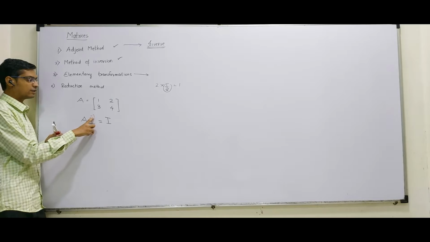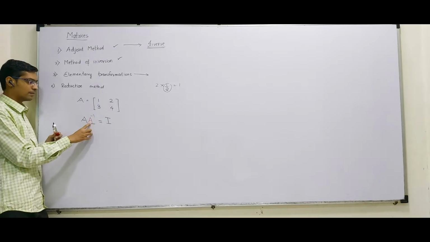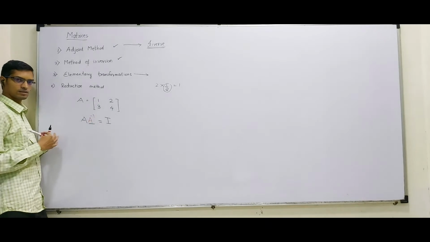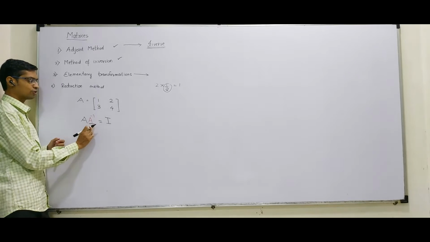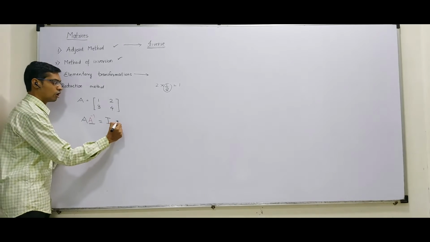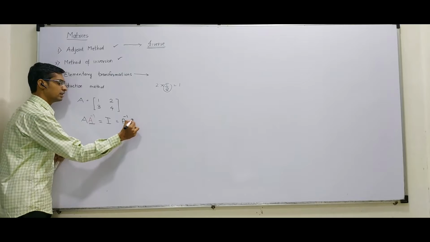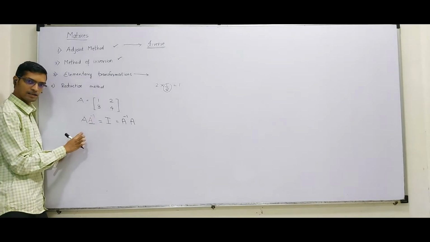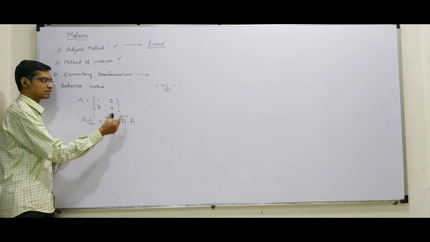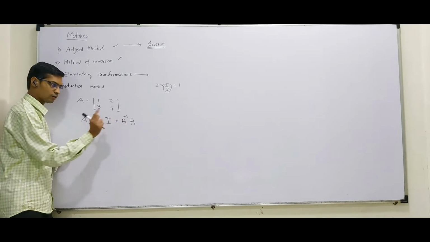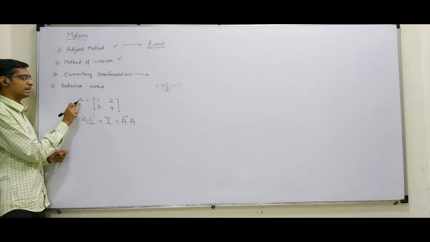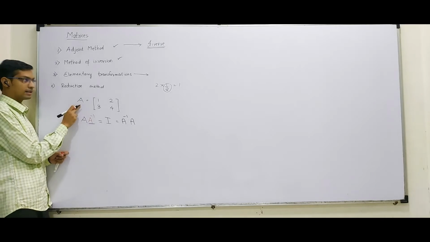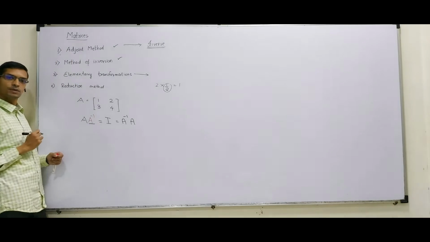It is inverse means -1 of the matrix, that is A, so A inverse. So either A into A inverse is I, or A inverse into A is also I. But both you have to use smartly. Sometimes you have to use this, sometimes you have to use this. Okay? So our task is to find the inverse of this 2 by 2 matrix by the adjoint method.